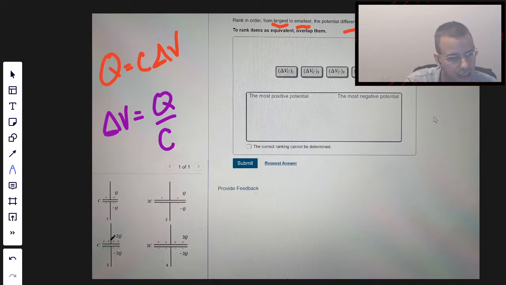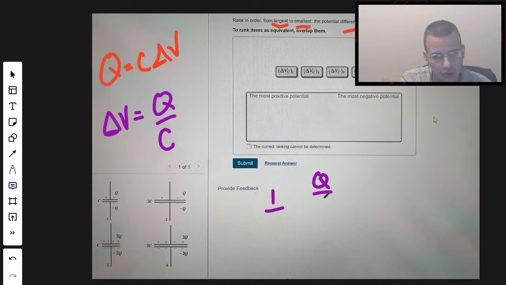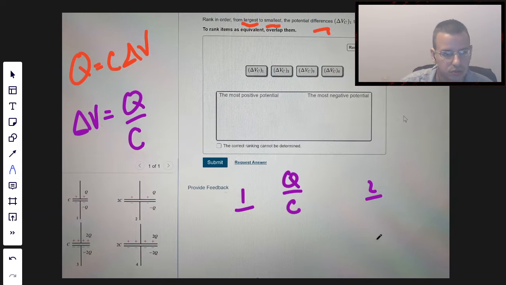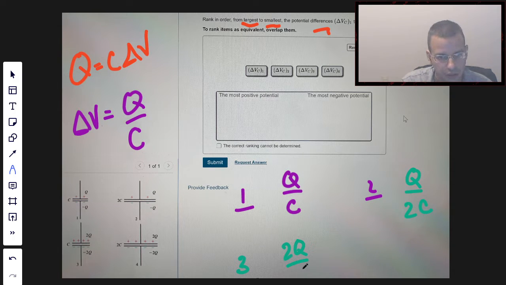So for this then, for 1, that's going to be Q over C. 2 is going to be, and I don't have to change colors for this, I just want to, Q over 2C. 3 is going to be 2Q over 1C.